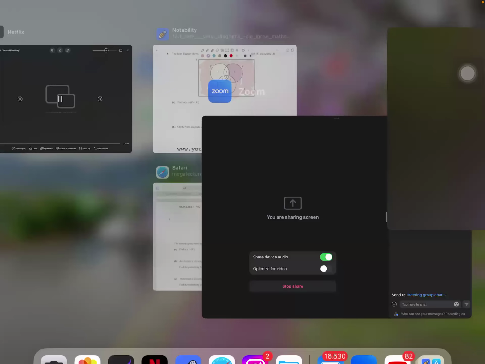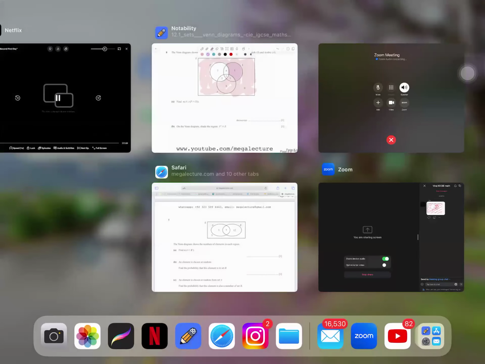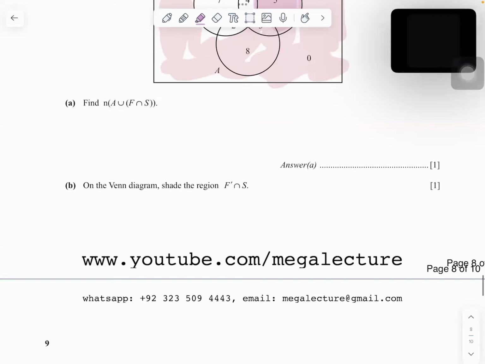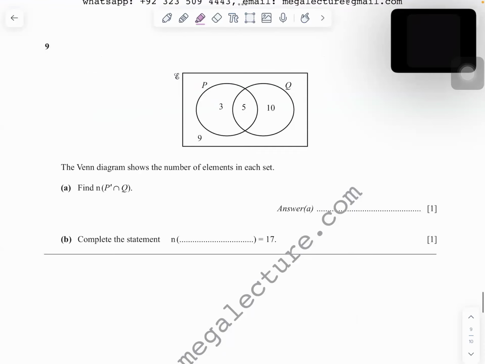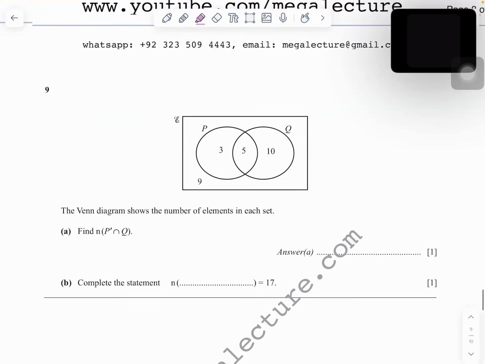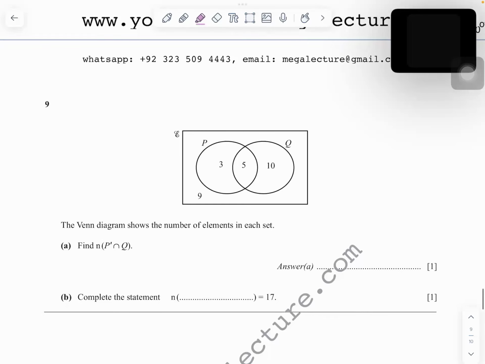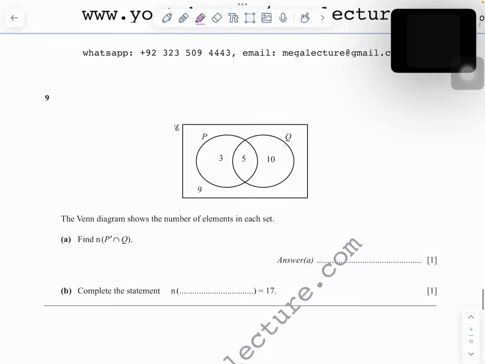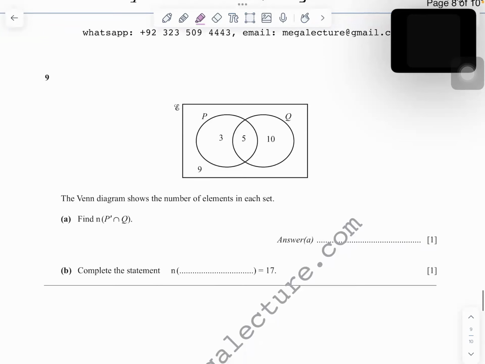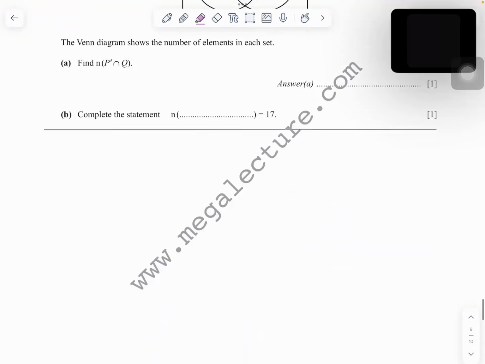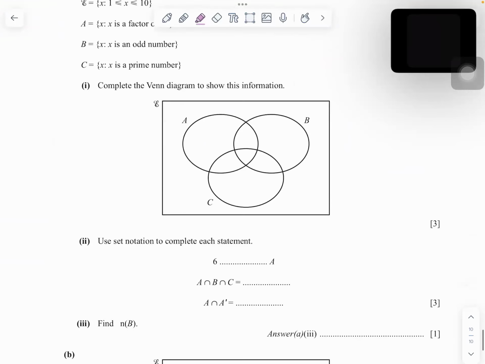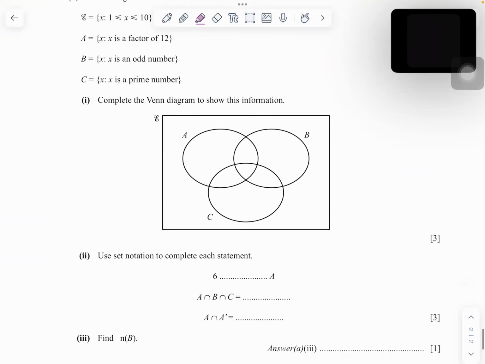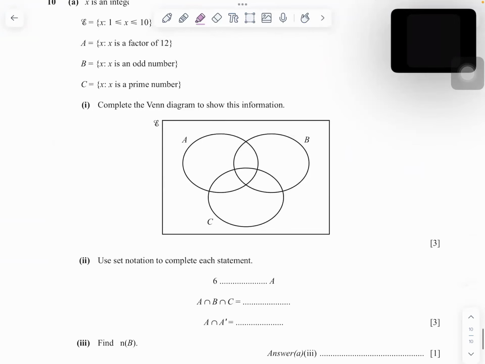Okay. Let's go back to this. I think this you can do because this is easy. I think this is also what you can do, right? Yeah.